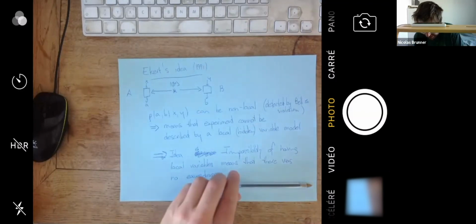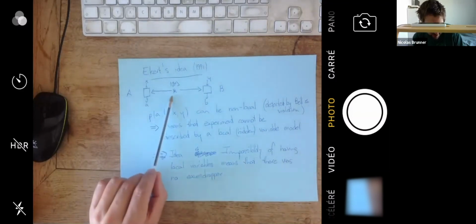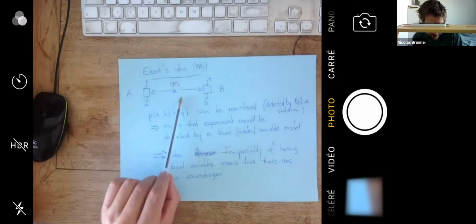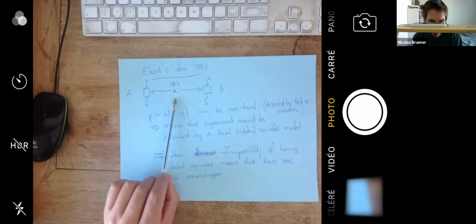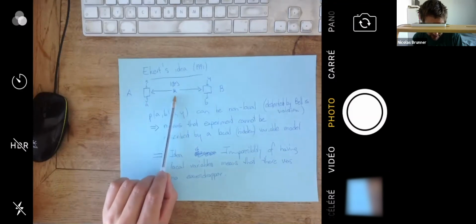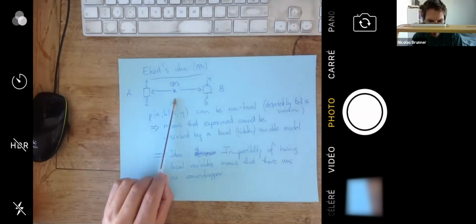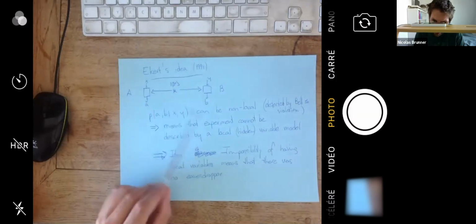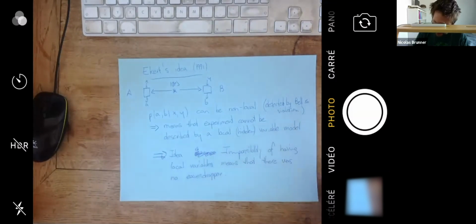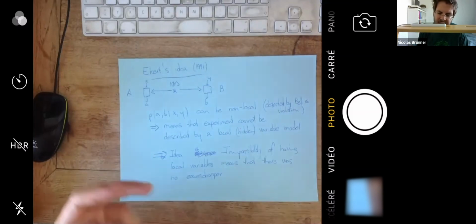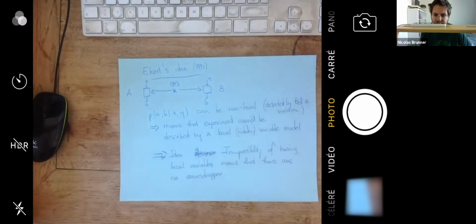It's interesting because at this level, it seems like this protocol of Ekert is very different from BB84, because it's based on entanglement and non-locality. But at the end of the day, it's essentially the same. In that sense, Ekert really rediscovered quantum cryptography, but in a slightly different way that is also very insightful.